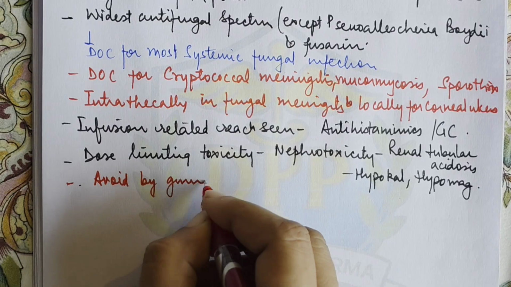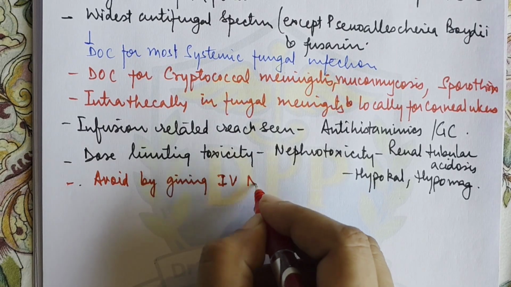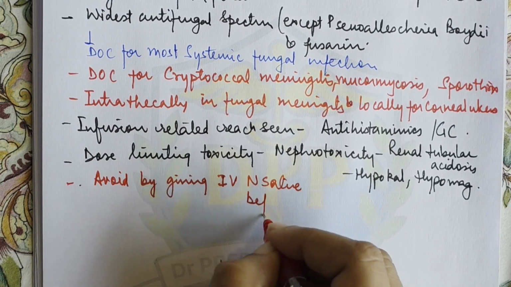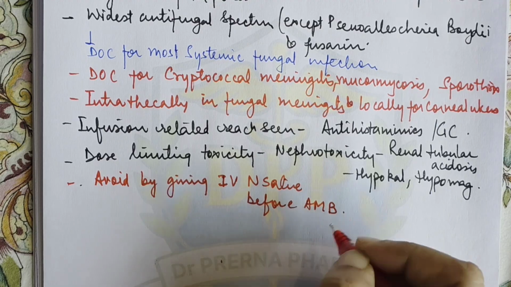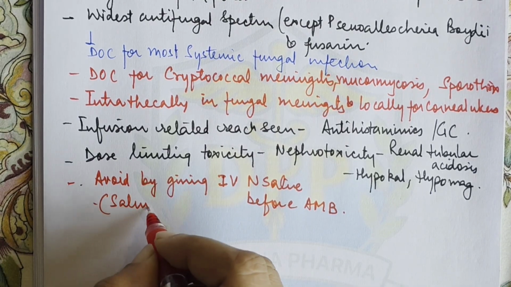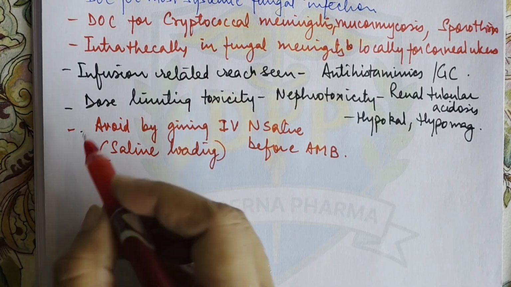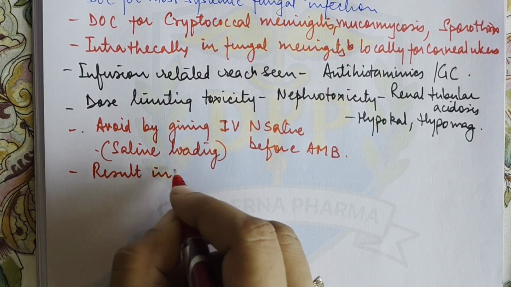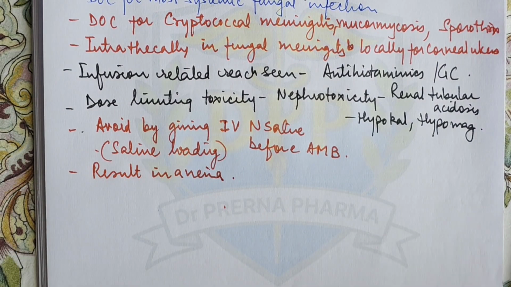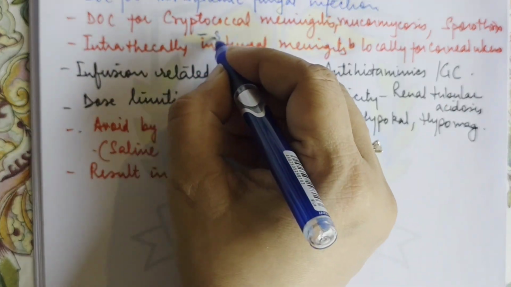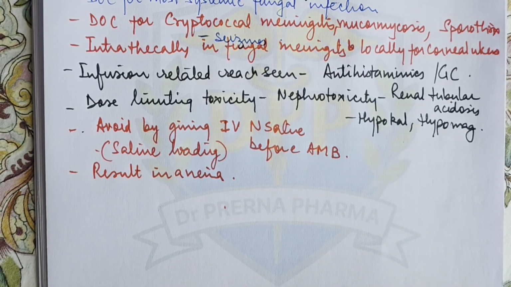By giving intravenous normal saline before giving Amphotericin B. This is called saline loading, and it will reduce the nephrotoxicity. It can also result in anemia. Intrathecal injections, as we said here, can result in seizures also, that is neurological damage.